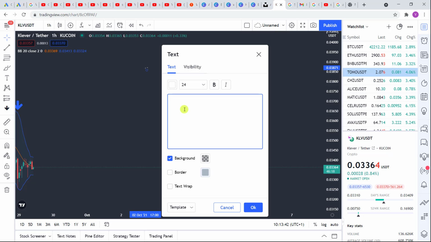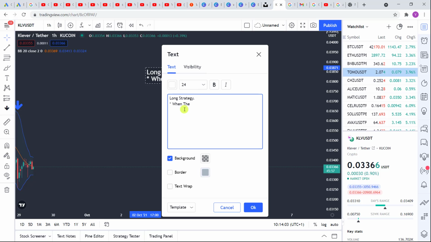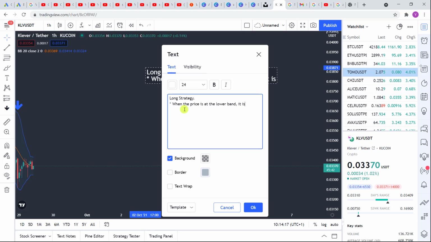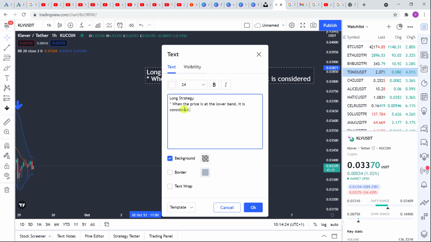So now let's go to the long strategy. When the price is at the lower band, it is considered oversold. Get ready to go long.